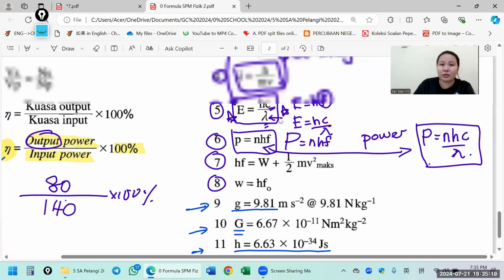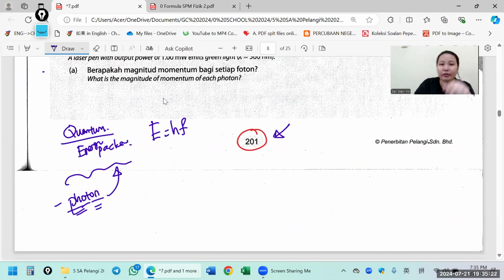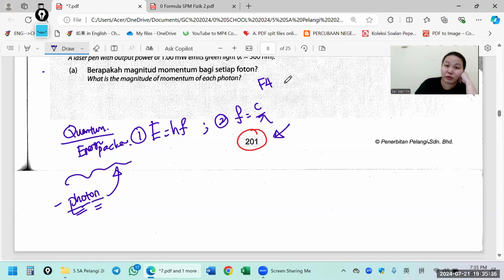And then we can use number 2, f equals to c over lambda. Actually this comes from formula 4, v equals f lambda, but because an electromagnetic light wave has the speed of light as its speed, f equals c over lambda.